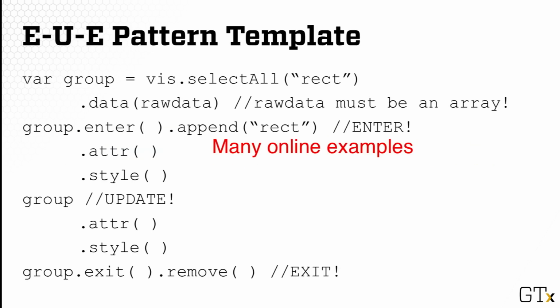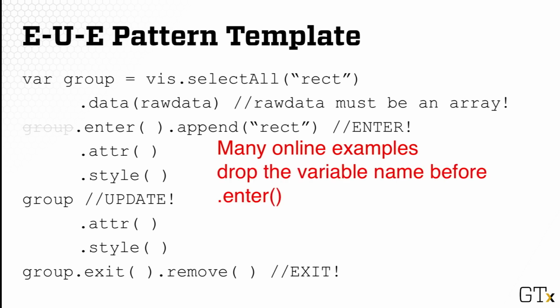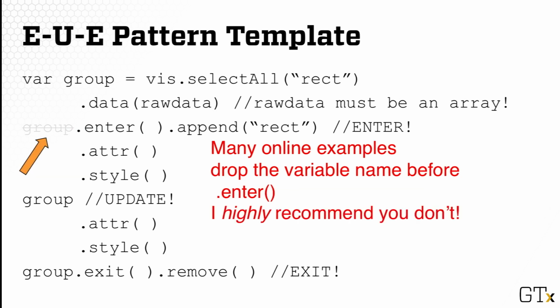So a big warning, when you are looking at a lot of examples online, often you will see that they drop the word group, as in this example, where right after calling .data, they immediately enter the enter phase by calling .enter. So we highly recommend that you don't do that. It's because it may confuse you as to which phase you are working with.